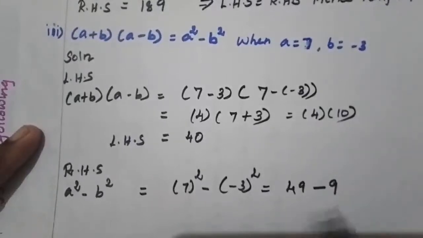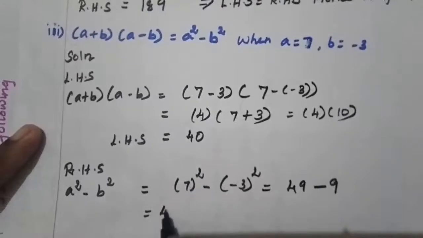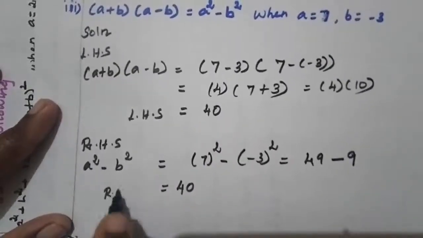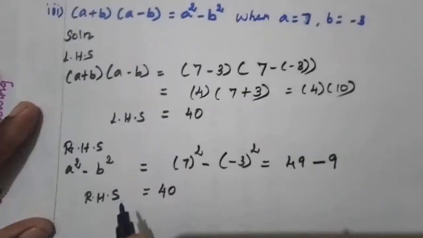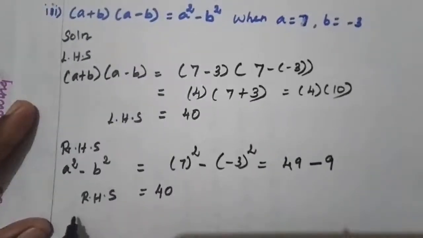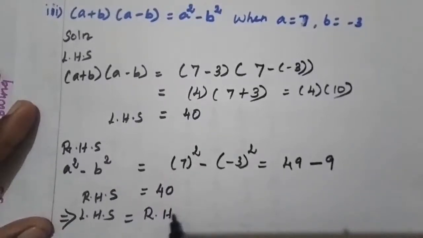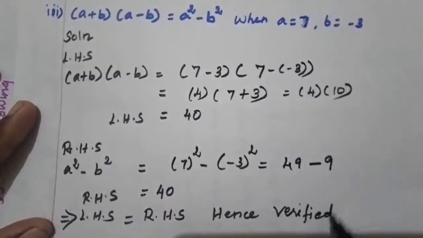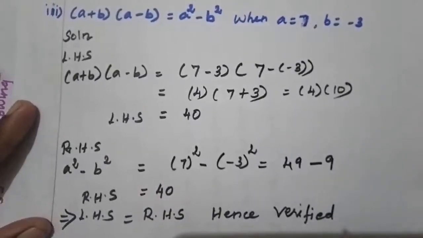So what's the value of 49 minus 9? Yes, 40. Now you reach your RHS also 40. So it implies that LHS is equal to RHS, hence verified. Can you understand? Yes.